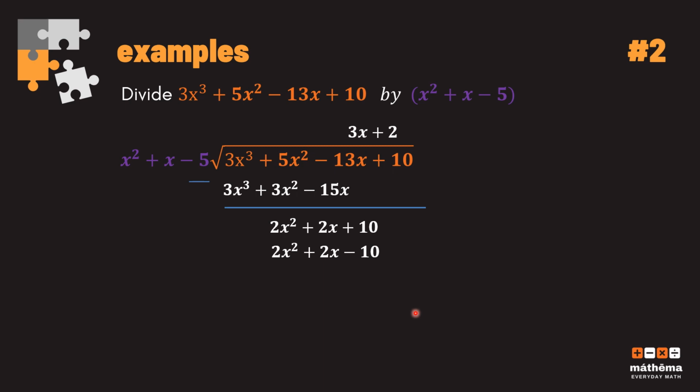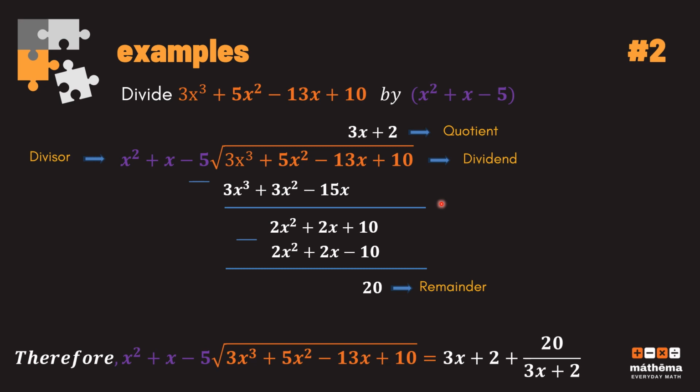At this moment, we are going to subtract. This will become 0. This will become 0 as well. And this will become positive 10. So 10 plus 10 will give us 20. So in this example, this is our dividend, our divisor, our quotient, and our remainder.